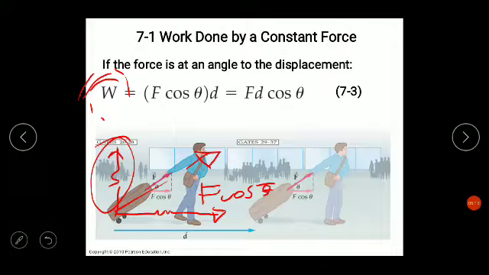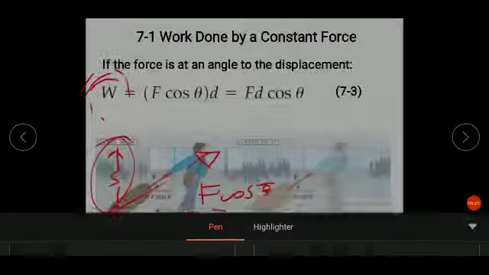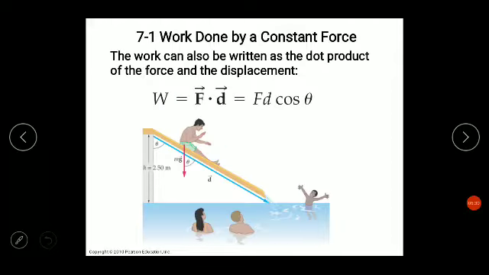As I was telling you a while ago, the dot product of two vector quantities results in a scalar quantity.